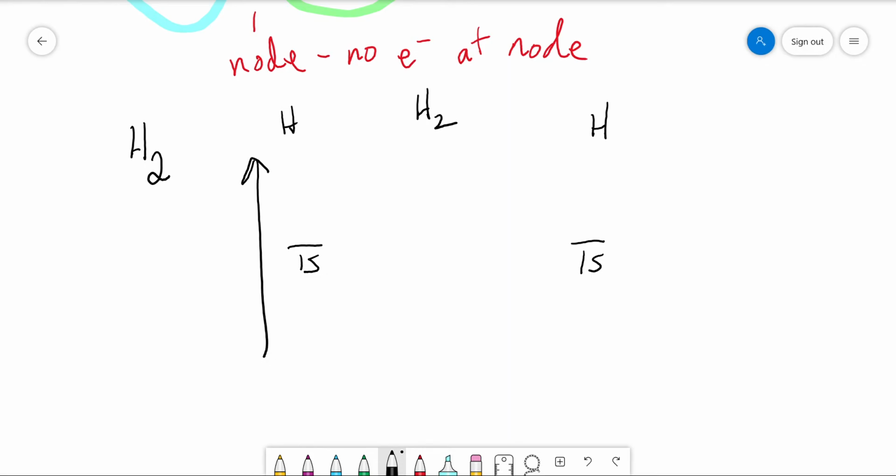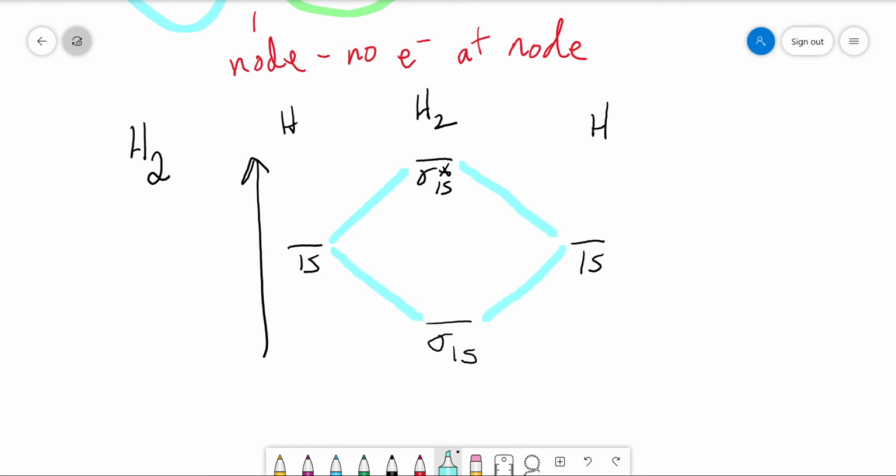Okay, and so what we get is a sigma 1s. Remember, sigma is a bond along the axis. And then we get a sigma star 1s orbital. Okay. And then usually what we do is we kind of just connect the dots just to say, well, the sigma 1s and the sigma star 1s, they came from the 1s orbitals of the hydrogens.